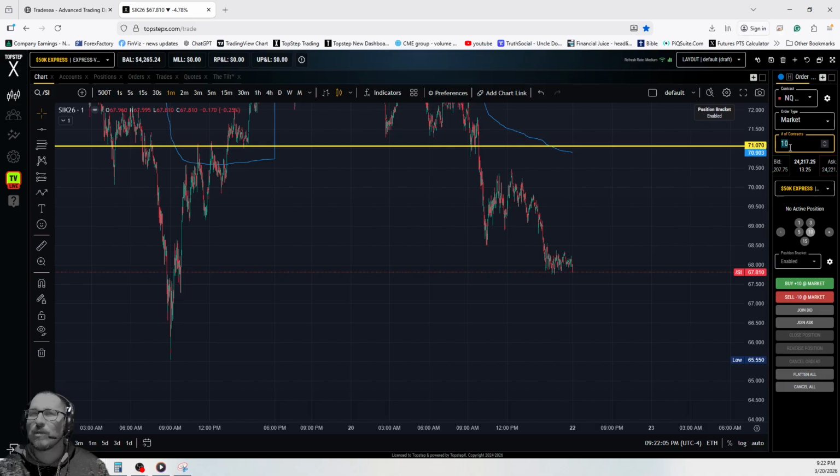How much is one Nasdaq tick, guys? $10? One mini, one tick is $10? I think it's 5. I thought YM was 5. No, I think it's 25. I don't even know, dude. How much is one mini tick?